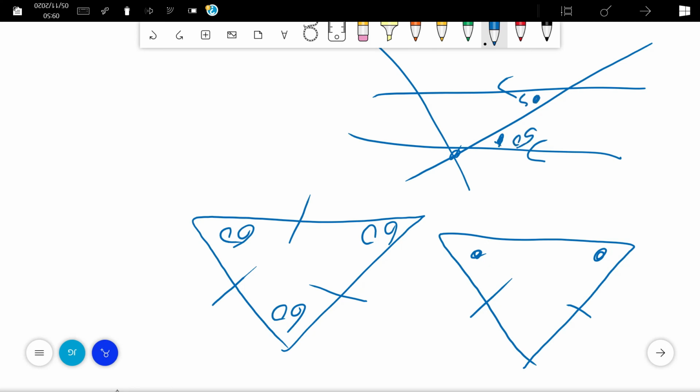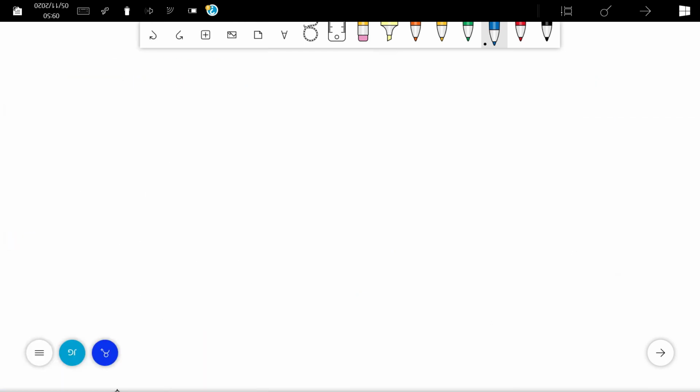This ship goes 30 degrees south of east. So draw that in. Remember, there's our east, there's our south. So it goes 30 degrees south of east.